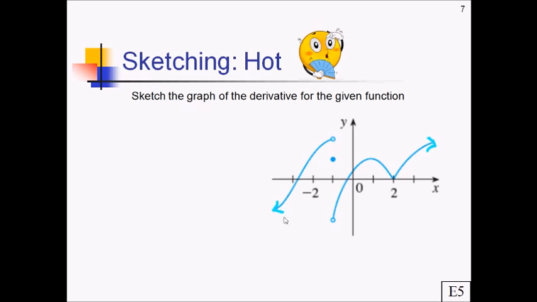Let's look for undefined places first, because there's a few on this graph. So right here, as we come from the left, we see that we have this kind of jump hole sort of weirdness going on. But we also, down here, looks like we've got sort of a half of a cusp. So we have to be careful here. When you're deciding what to do for an undefined derivative, you have to choose between a hole and an asymptote for your derivative graph.